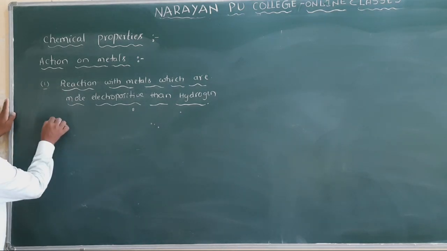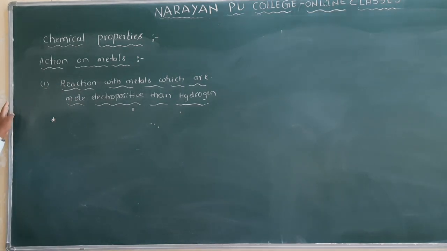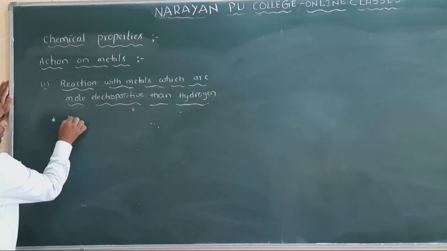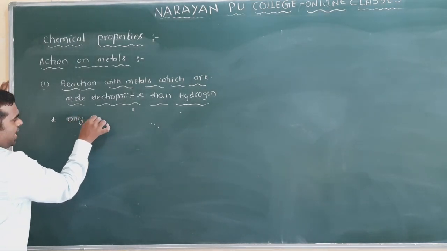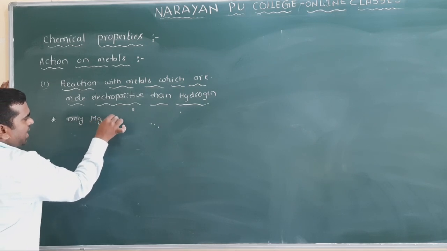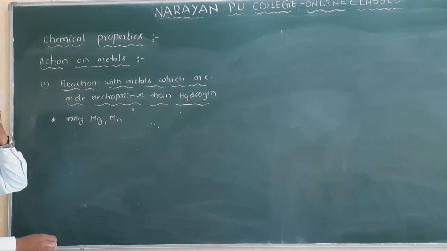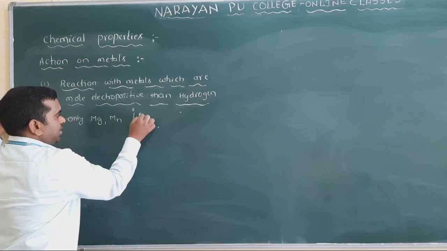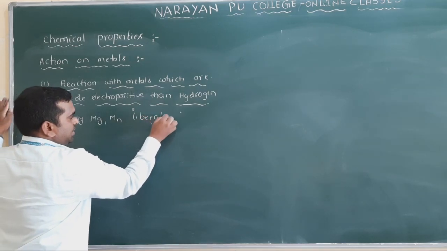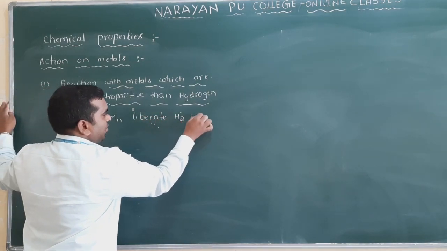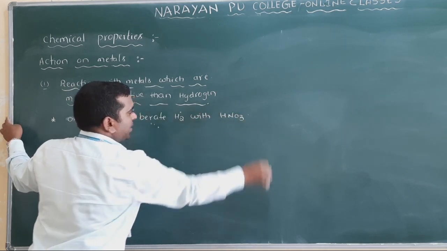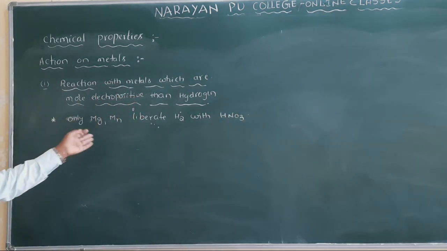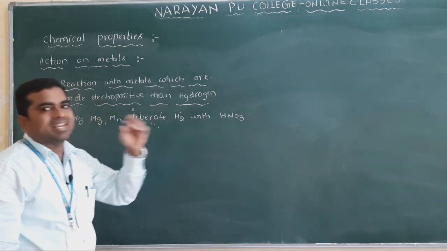Clear? So the very important first point is here. Mainly only magnesium and manganese liberate hydrogen with HNO3. The remaining metals do not. So it liberates hydrogen gas. Clear?